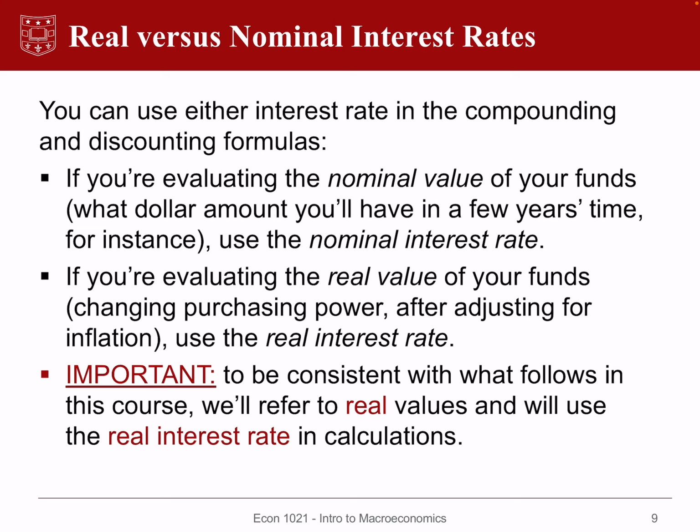So we can make the observation that for these math problems for compounding and discounting we can use either the nominal interest rate or the real interest rate and come up with a similar sort of qualitative story.